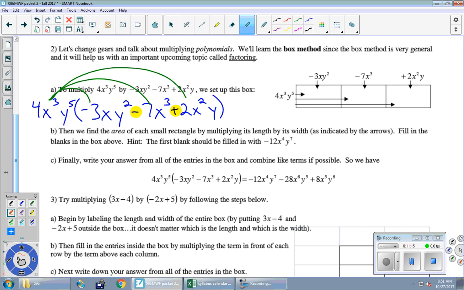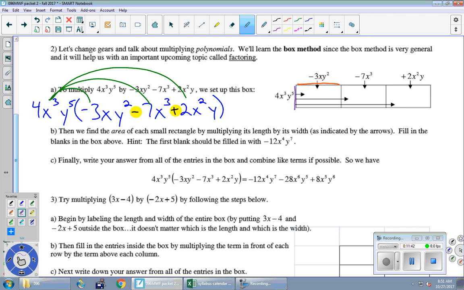So for example, let's take a look at this left-hand rectangle. The length of this rectangle is right up there across the top. The width of that rectangle is that right there, agree? So if I can just multiply purple and orange, that would be the area of that rectangle. So let's multiply them. I'm doing 4x cubed y to the 5th times negative 3xy squared. There's no distributing here. This is just one flat out multiplication.